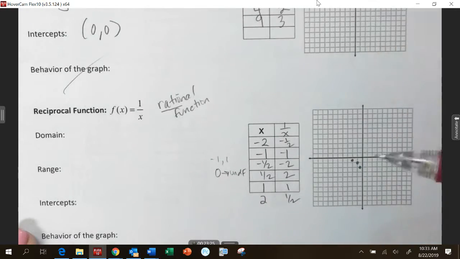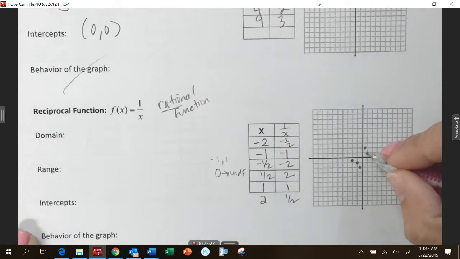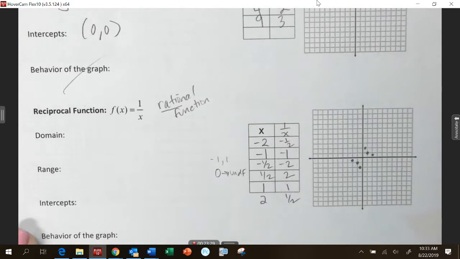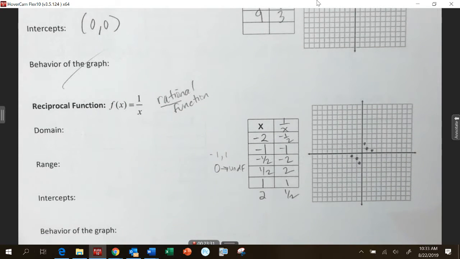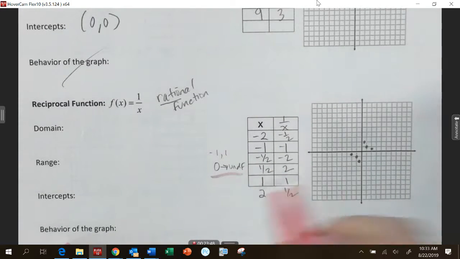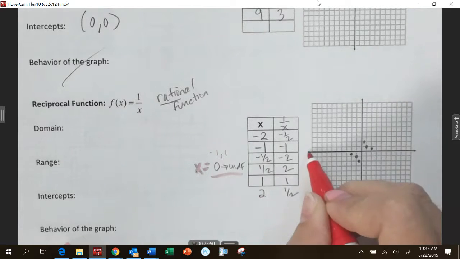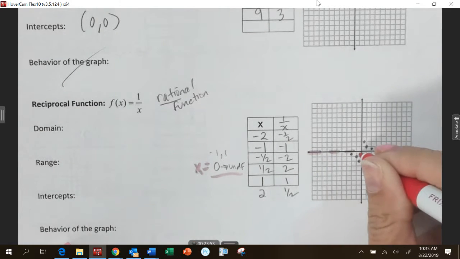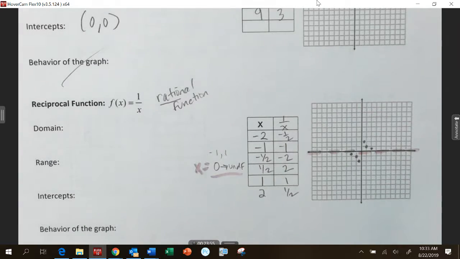Now, as you're graphing this, are you remembering from Algebra 2 graphing anything that kind of looks like this? When we did it in Algebra 2, we had asymptotes, and one of those asymptotes was at 0, because it would give you undefined. One of those asymptotes was there where x equals 0, and so the graph will never pass through x equals 0.